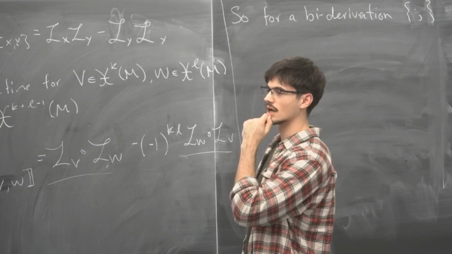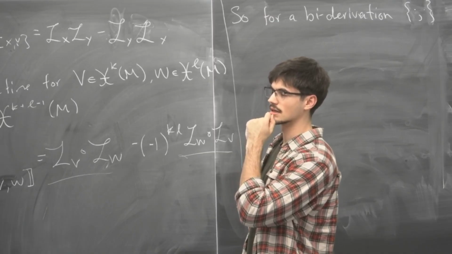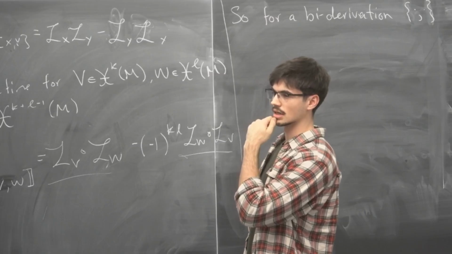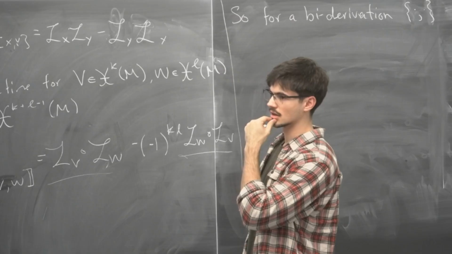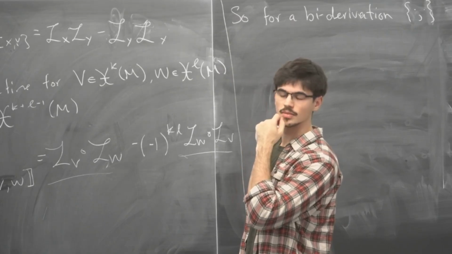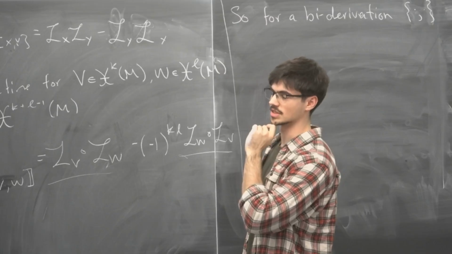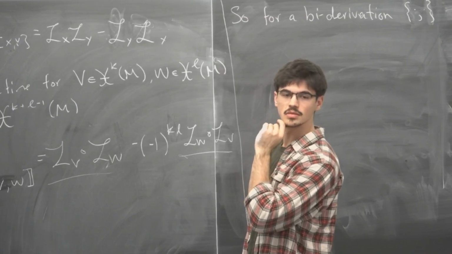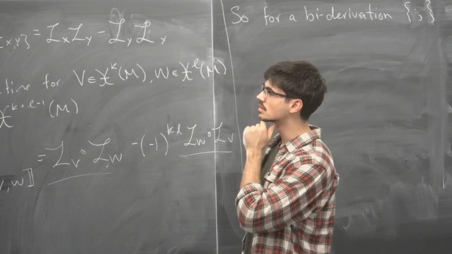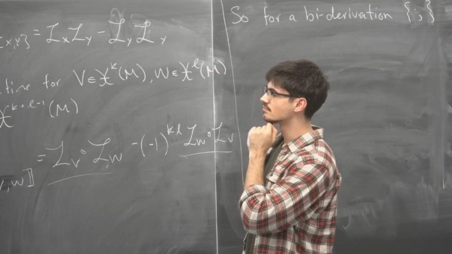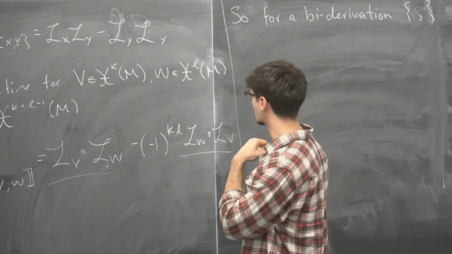I think V is in X^k, and the operation, the commas between those one forms and the input, are wedges. Maybe I wrote that down wrong, or maybe it's implied. Oh, actually, you did write it there. Yeah, the operation is wedges. Okay, glad we got that cleared up.